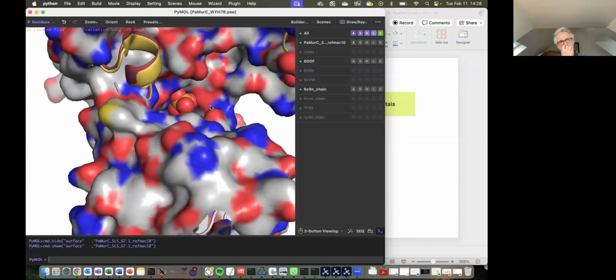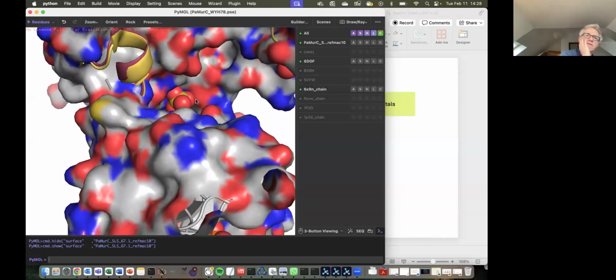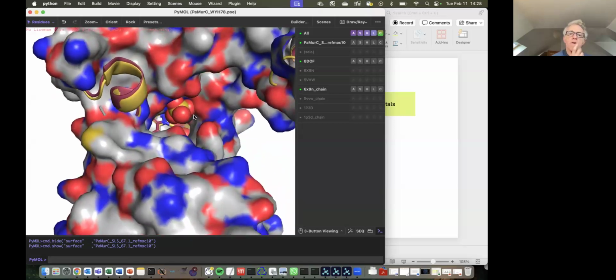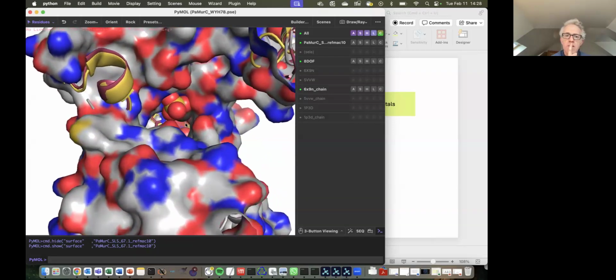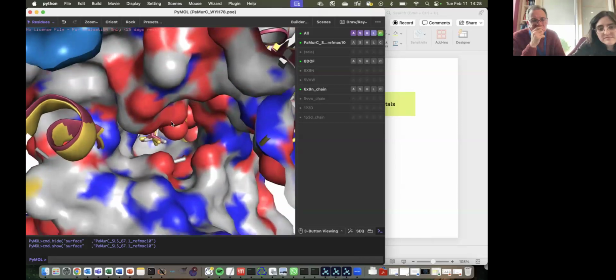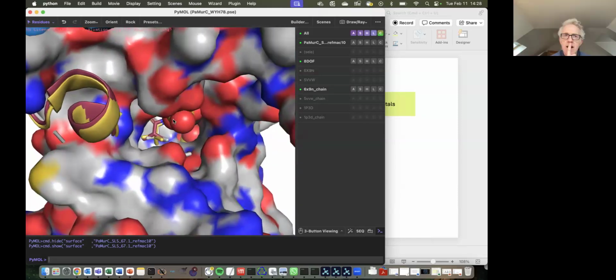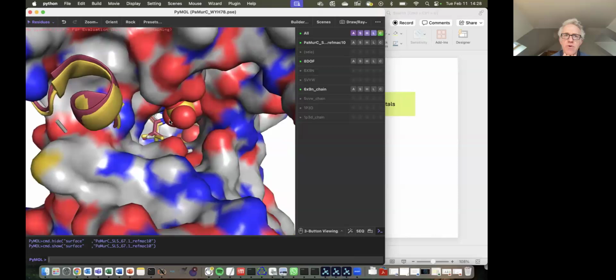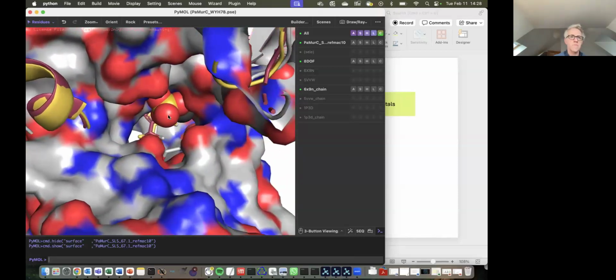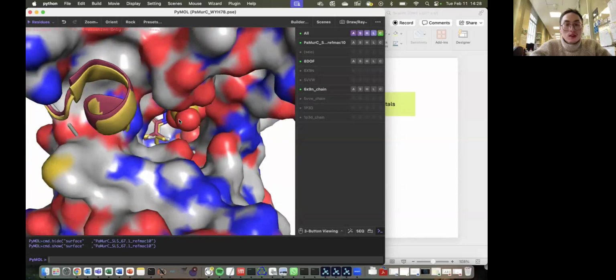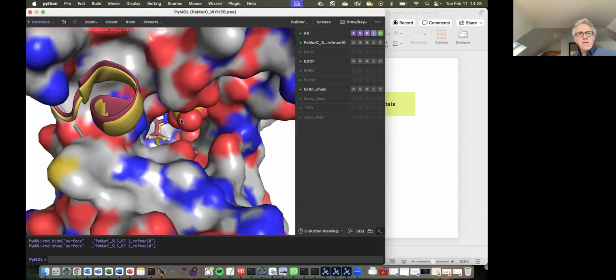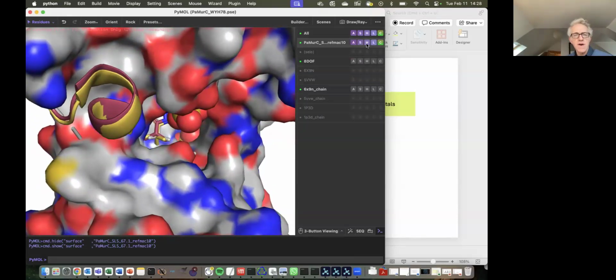Right. So the plan is to build off that ring in that direction. There is space, and the idea is to pick up interactions with the alpha helix that's up in that region. Yeah, that will be good. I can't quite see that helix on this view, but it's there, right?